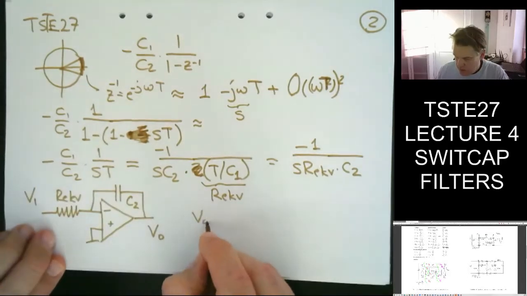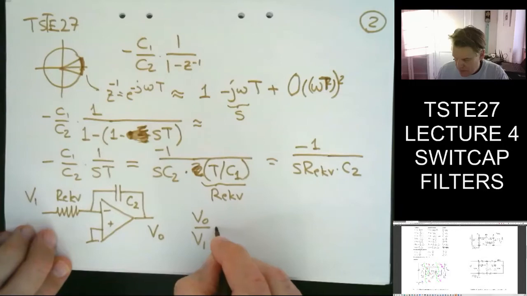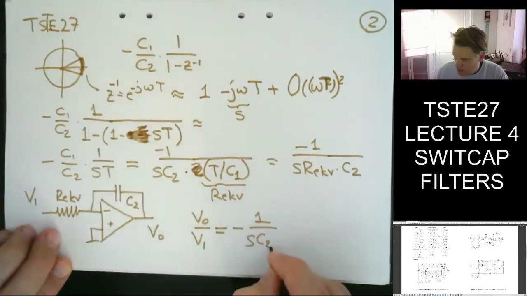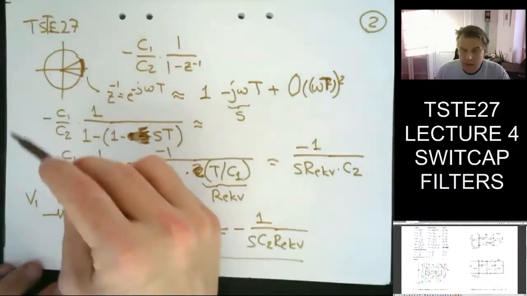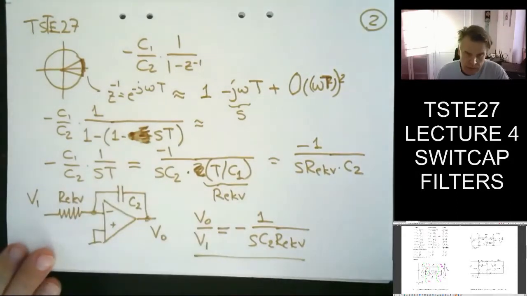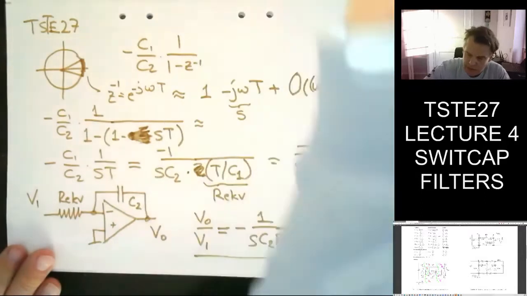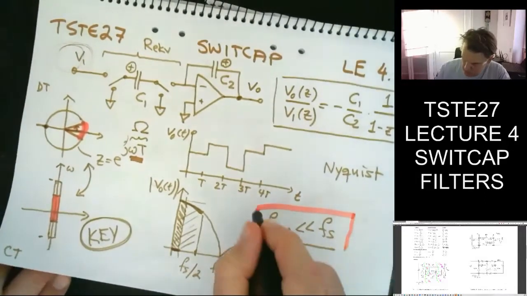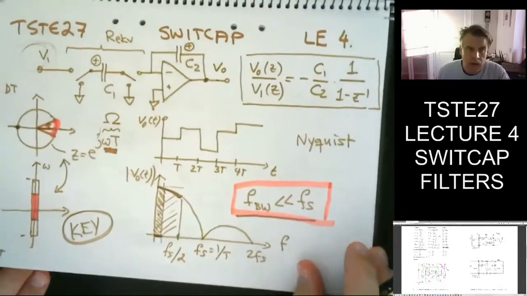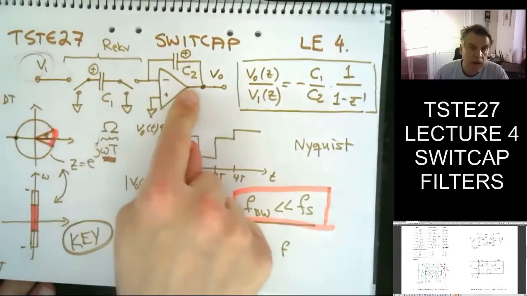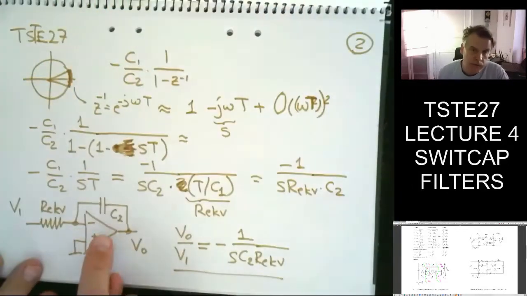And obviously V0 divided by V1 is equal to minus 1 over sC2 R equivalent. So here you can see the mapping and the relationship between the two components. As long as I fulfill the following requirement, then I'm sort of safe. Then this also performs a continuous time operation.